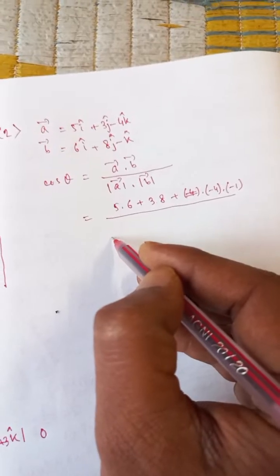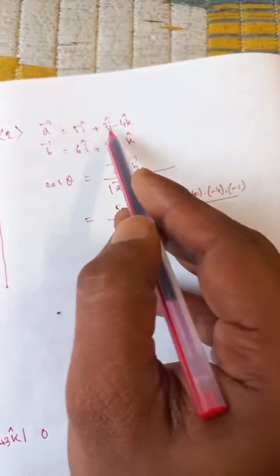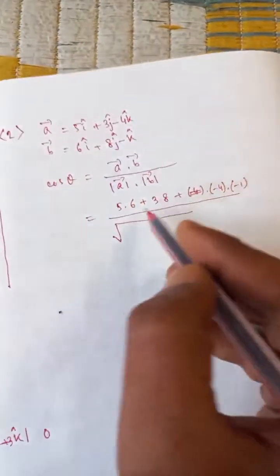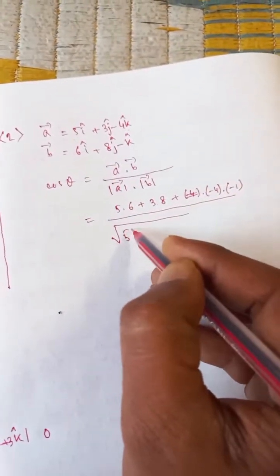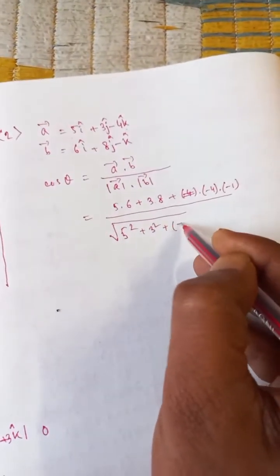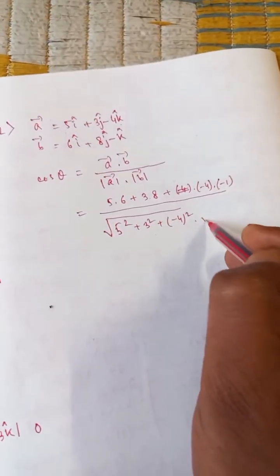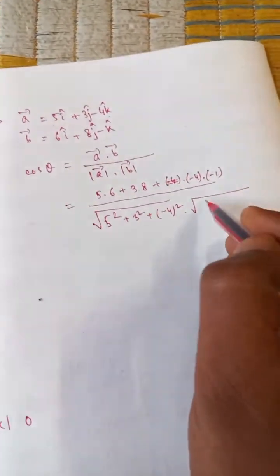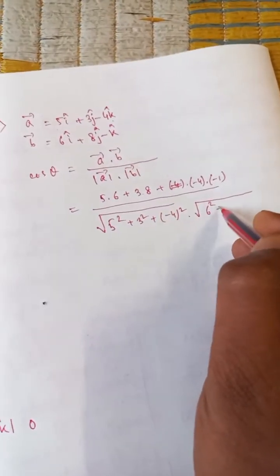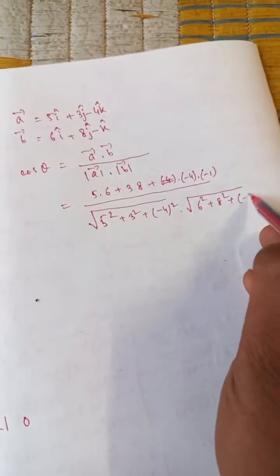And the modulus value will be root over x squared plus y squared plus z squared. This will be 5 squared plus 3 squared plus minus 4 whole squared, and here it would be 6 squared plus 8 squared plus minus 1 whole squared.